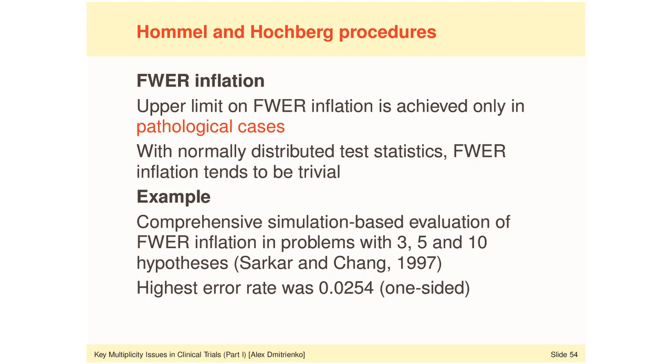They showed that the highest error rate over a very large number of scenarios was 0.0254. It's only slightly larger, of course, than the standard significance level, and that means that the error rate was inflated by less than 2% on a relative scale in the worst case scenario whenever the underlying test statistics followed a multivariate t-distribution.